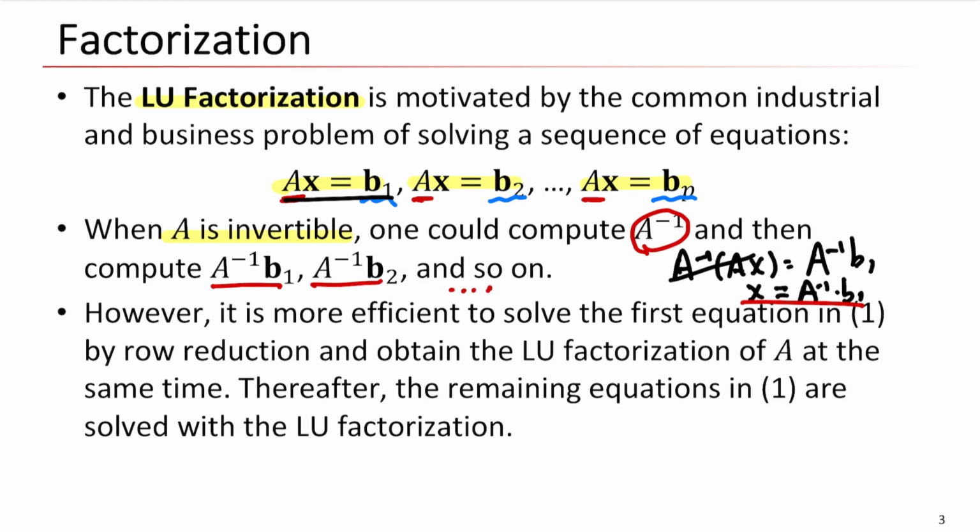However, in some cases, it is more efficient to solve the first equation, let's say this is equation 1, by row reduction and obtain the LU factorization of matrix A at the same time, and then the remaining equations in 1 are solved with the LU factorization.